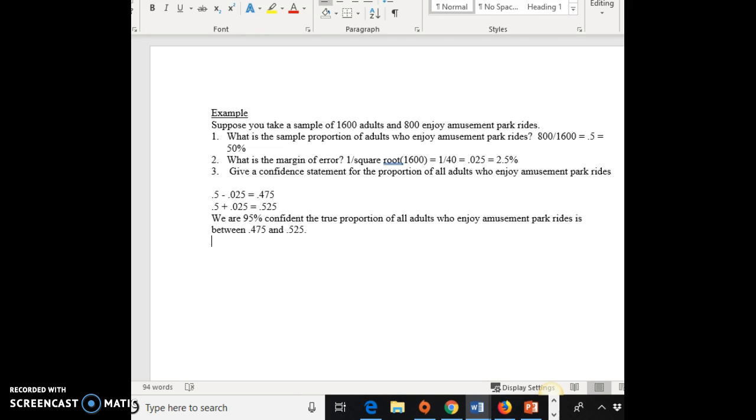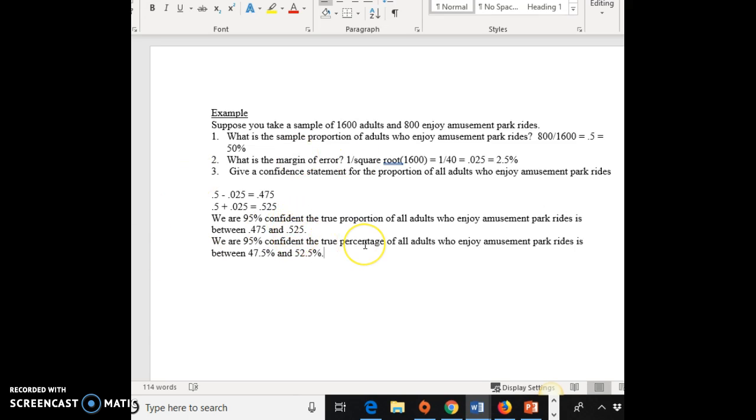Now, if we want to, we could also state the same confidence statement with percentages. We could say we are 95% confident the true percentage of all adults who enjoy amusement park rides is between 47.5% and 52.5%.